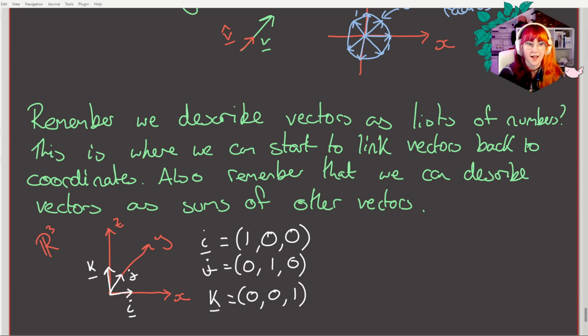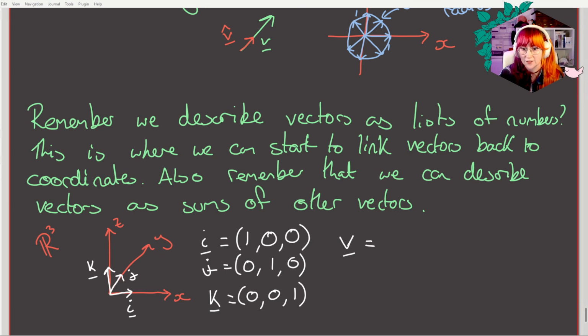Okay, then I can write any vector v as some scaling of these, right? Like when you define a position in space, you go some amount along your x-axis, some amount along your y-axis, and some amount along your z-axis. That amount is the scalar that you multiply i, j, and k by. So if I was going 2 along in the x direction, I would do 2i.